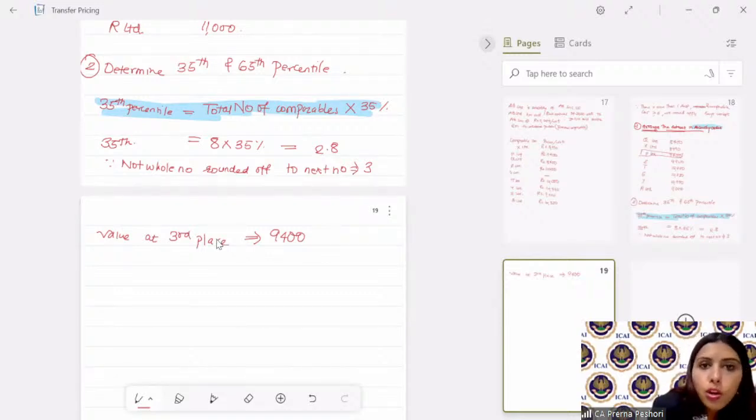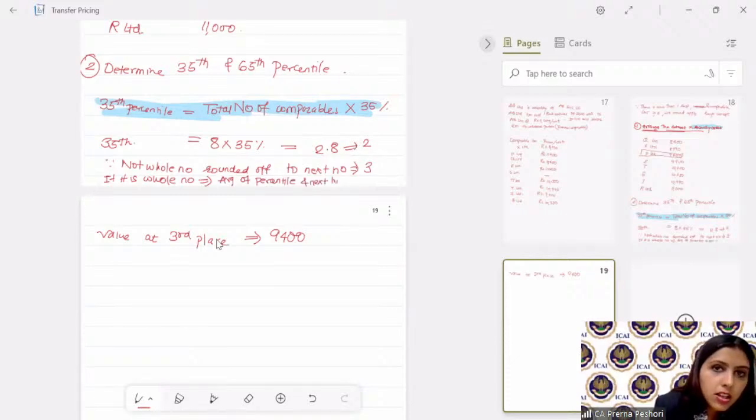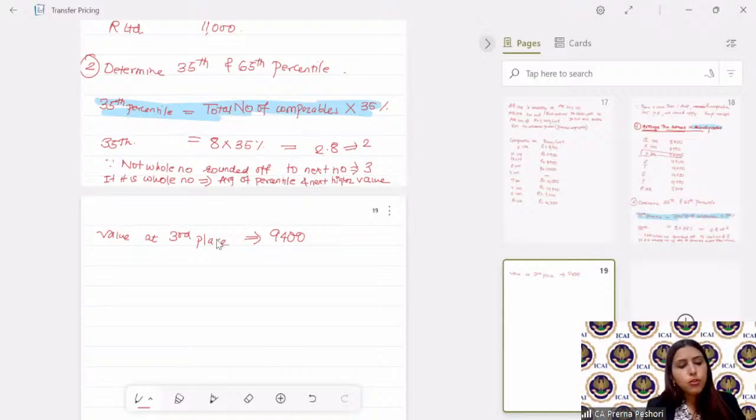And if it was a whole number, say it would have been 2 instead of 2.8, then what you need to do is take the average of the percentile and the next higher value.